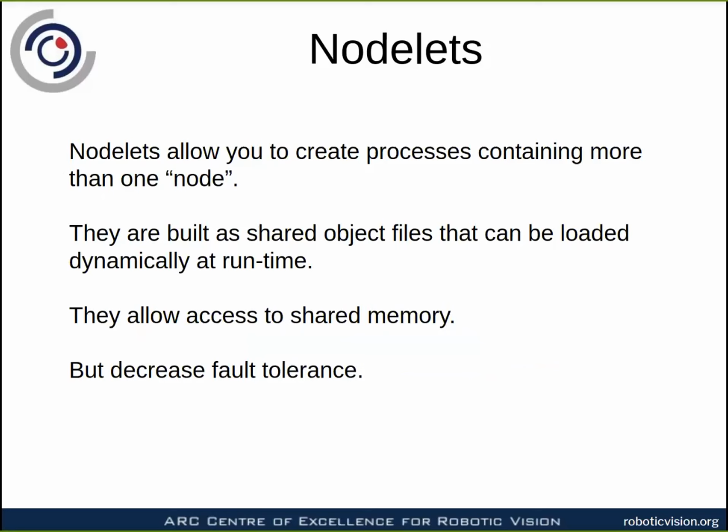But one thing they do give you compared to just having one node per process is if you're doing really memory intensive operations, like you're dealing with point clouds or images, you don't necessarily want to keep serializing them and shoving them through sockets. Sometimes it's better to just use shared memory. So nodelets give you this option to use this kind of shared memory pool, but they do decrease fault tolerance. So if one thing goes down, the whole thing kind of goes down.